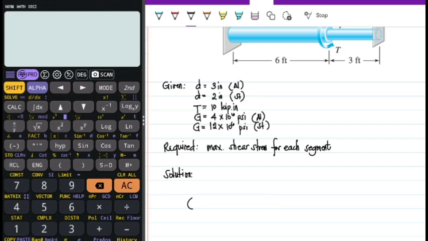Now, what is required for this problem? We are to solve for the maximum shear stress for each segment.